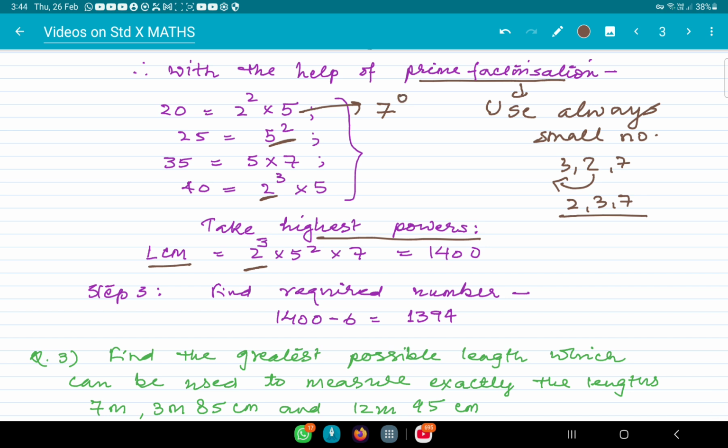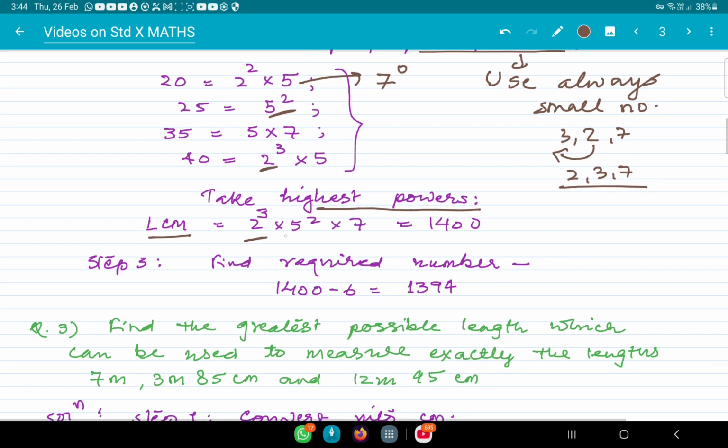So if we are not able to see a prime, it means its power is 0. So the LCM will be 2 raised to the power 3 multiplied by 5 raised to the power 2 into 7. This comes out to be 1400.